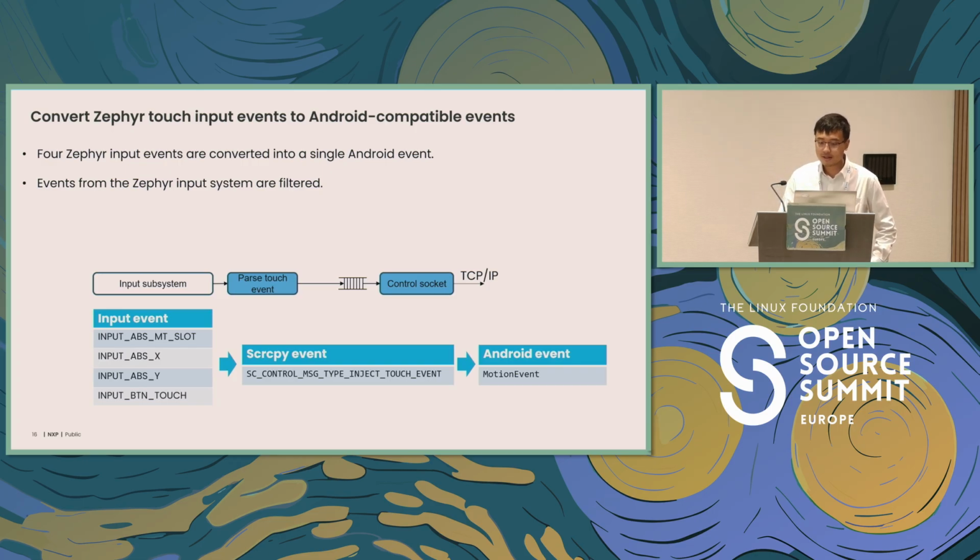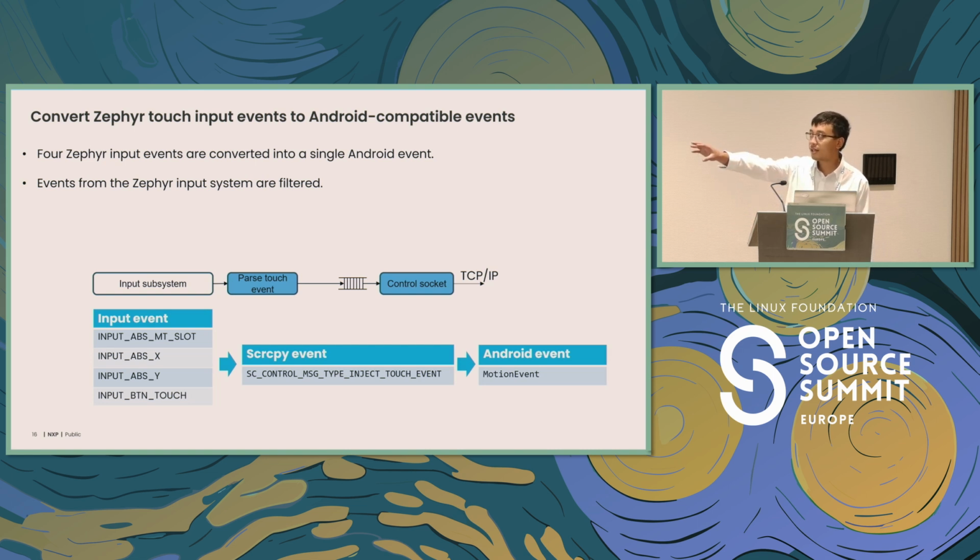The first is the empty slot, where we indicate the pointer ID of the touch. And then we have the absolute X and Y, which is the position of the touch on the touchscreen panel. And then finally, we have the button touch event, which will be 1 if the touch is pressed, and 0 if the touch is released.